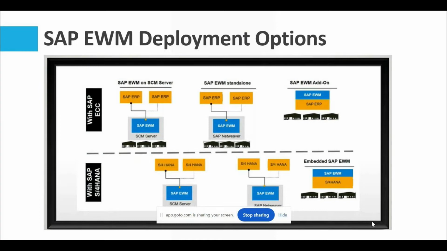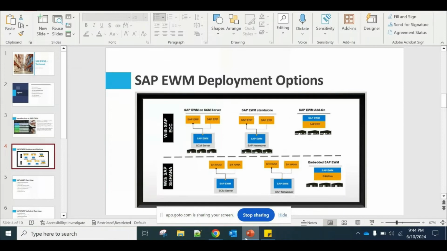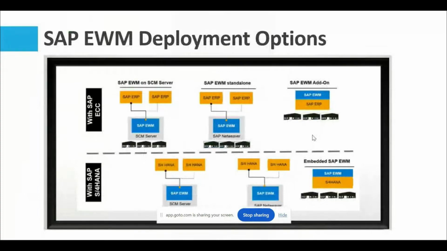From the transactional data point of view, whether it is inbound or outbound, if we are in an embedded landscape, I can give you an example: we have something called an inbound delivery notification document created in the EWM system.